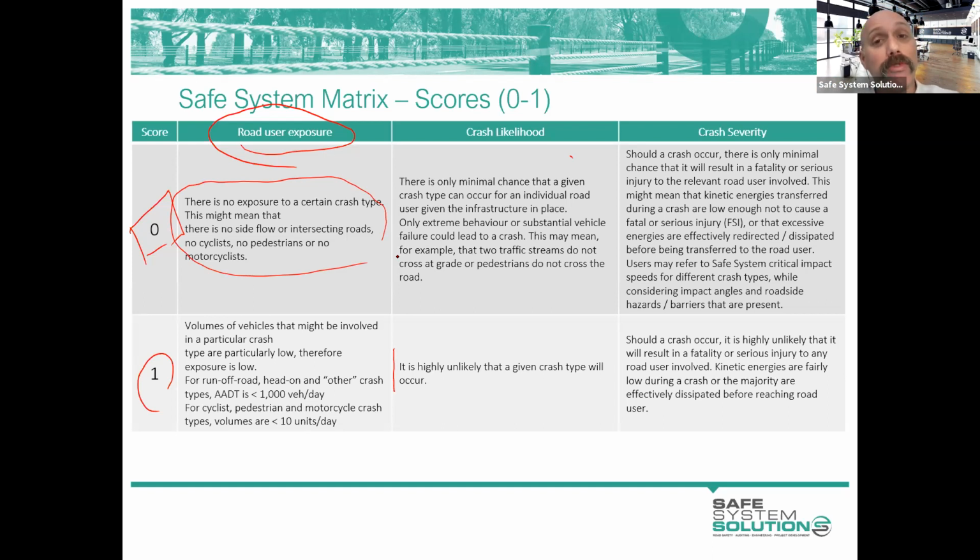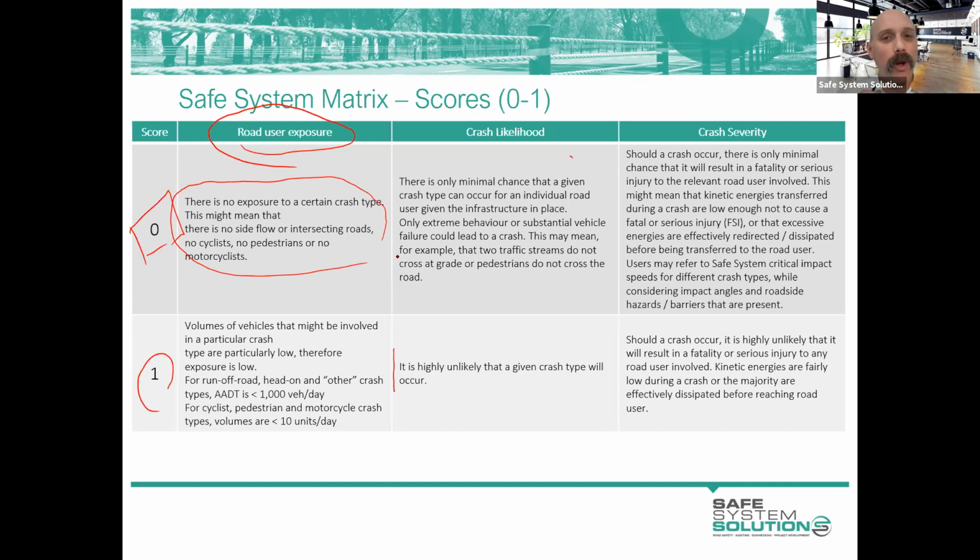Maybe if you've got a rigid barrier system down the middle of the road that really is going to stop any penetration and head-on crashes, you might put a 0 for head-on. I tend not to put a 0 for head-on if it's a flexible barrier system, because there is a small chance that a larger vehicle will penetrate that or go through it.